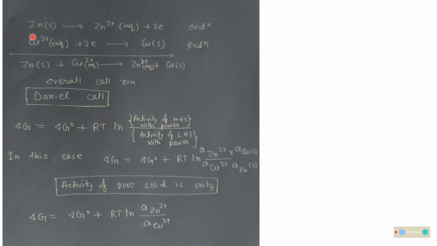According to the given half-cell anodic and cathodic reactions, we got the overall cell reaction. It is also called the Daniell cell.